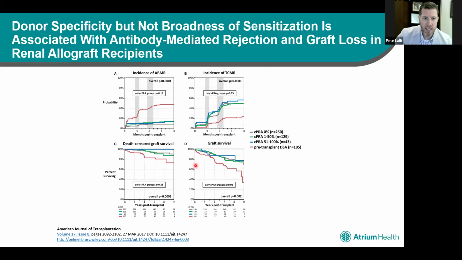So if we look at the data on here, if we have a patient that has 100% CPRA but has no antibody against the donor, they respond no differently than if that patient was 0% and had absolutely no anti-HLA antibody. The only time we see a difference is in this red line here, where we know that before transplant, our patient has antibody that is specifically directed at one of those donor HLA proteins.